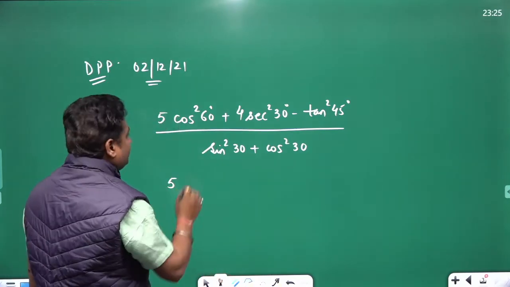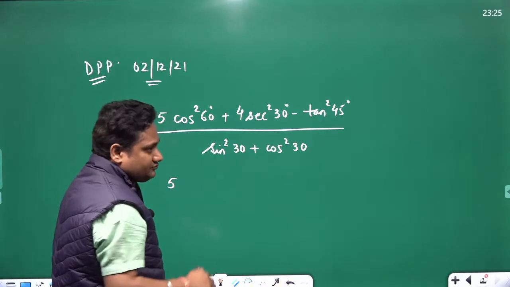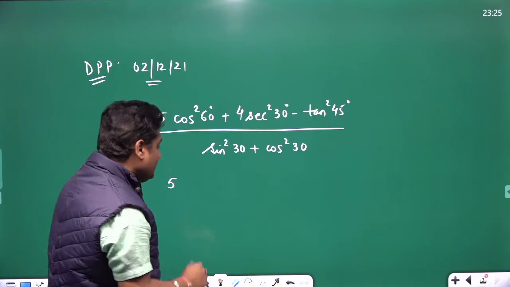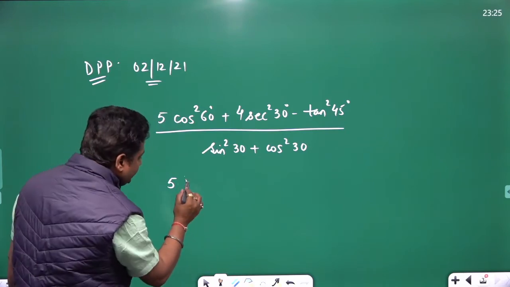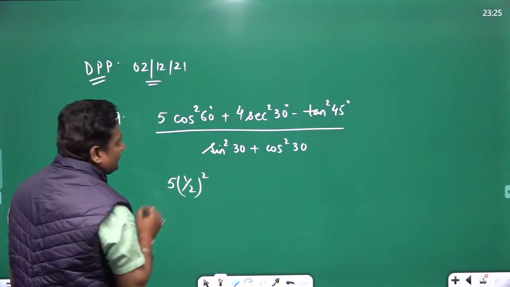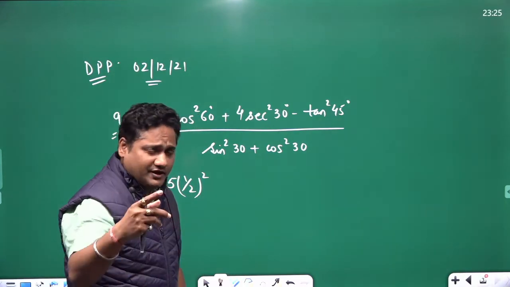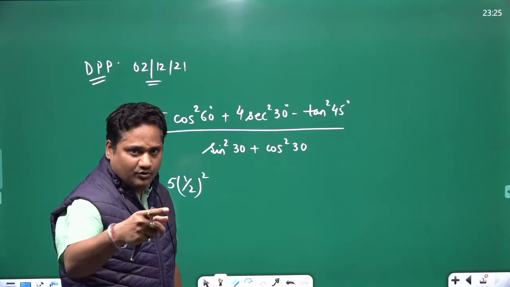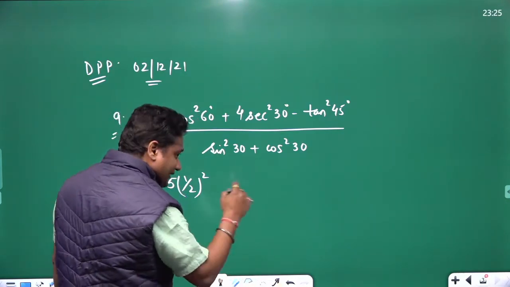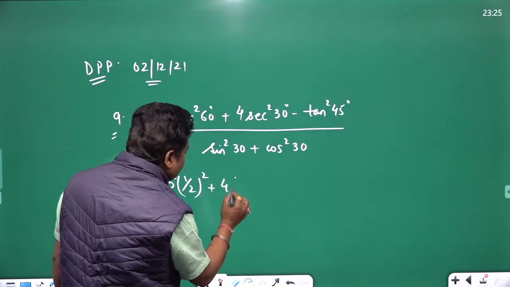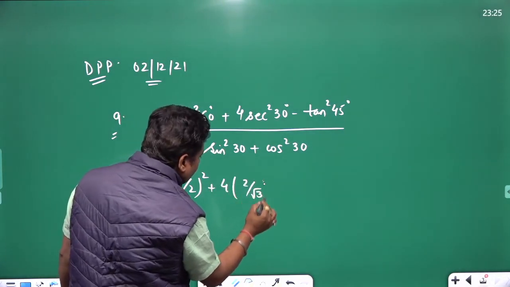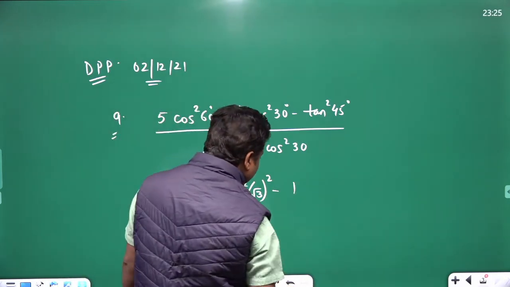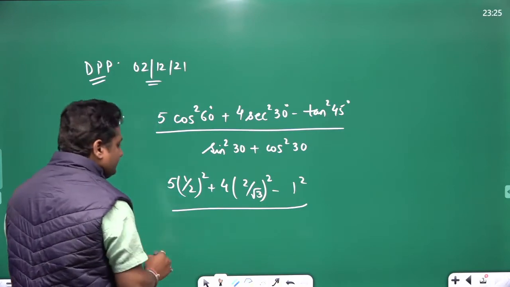So it is 5, now cos 60 is what? 1 by 2, right? So it is 1 by 2 whole square. Now sec 30, we have to think about cos 30, and cos 30 is root 3 by 2, the reciprocal of that is 2 by root 3, and that squared, plus 4 times 2 by root 3 squared, minus tan 45 is obviously 1, so it is 1 square, over.